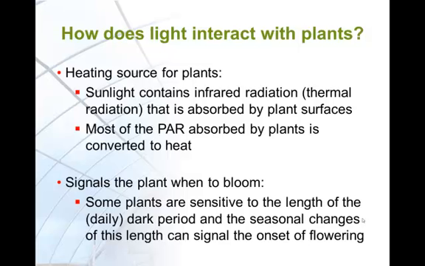And then also light is a signal to the plants to let plants know when to bloom. For example, some plants are sensitive to the day length or dark period length, and the seasonal changes of this length can signal the onset of flowering.